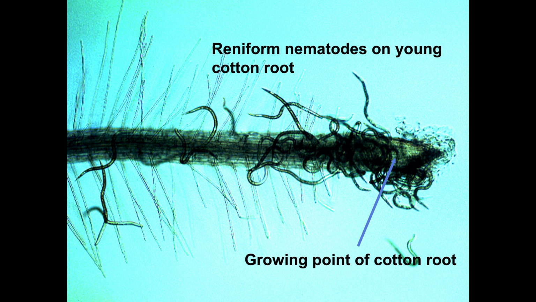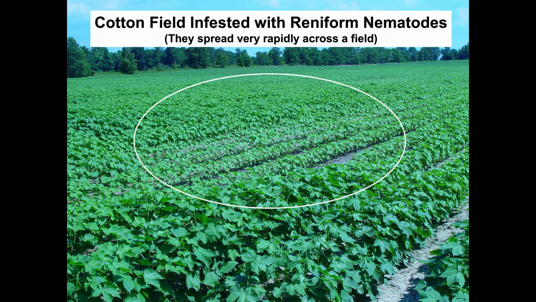The only way you would see these nematodes is under a microscope, and here are pictured some of them feeding on the root tip or the growing point of a cotton root. That can also be the cause of stunted areas in a field. The only way you're going to know what the actual cause is, if it's a nematode, is taking a soil sample.